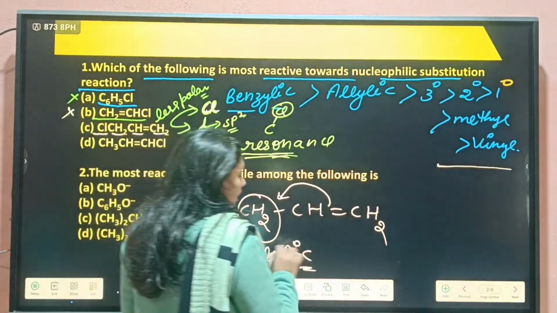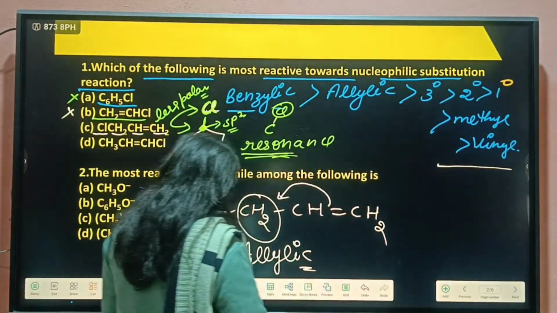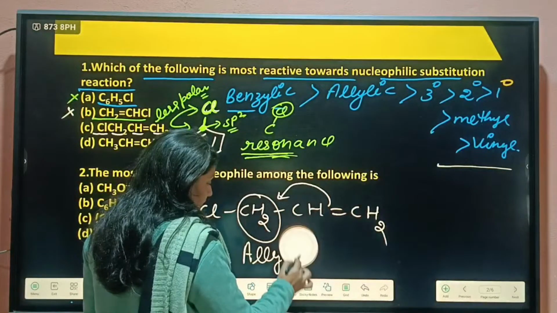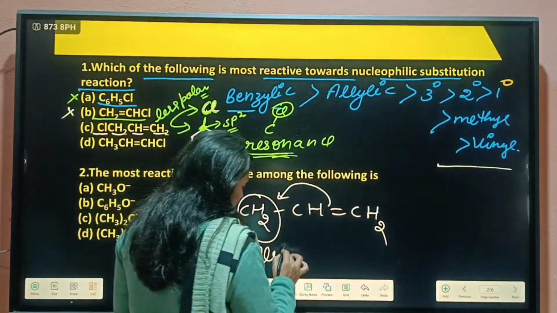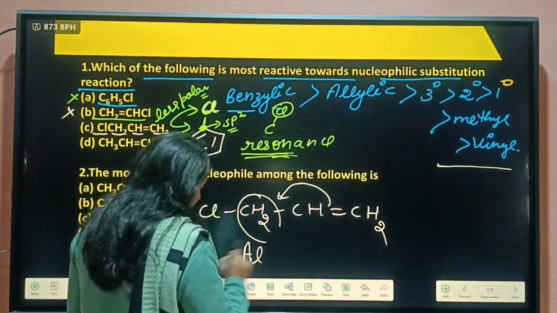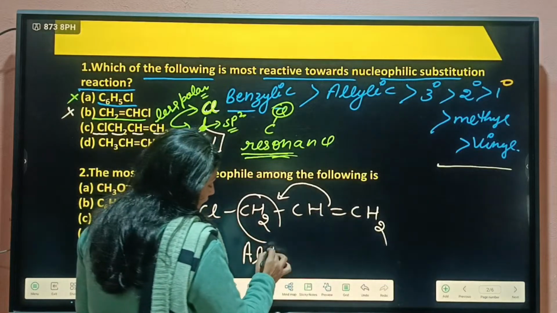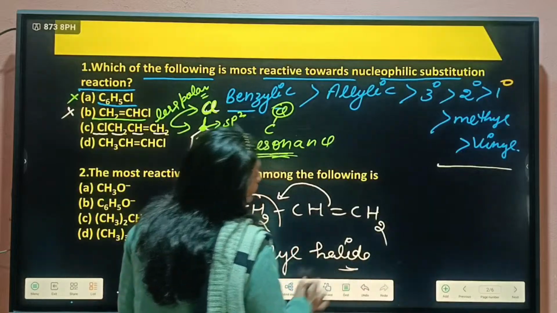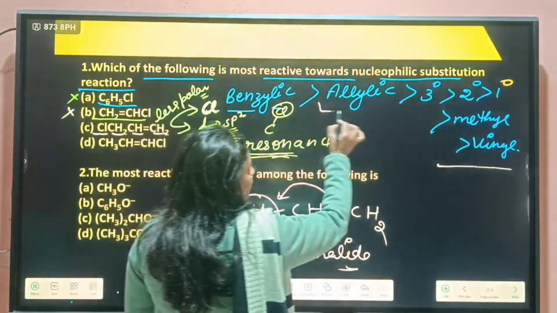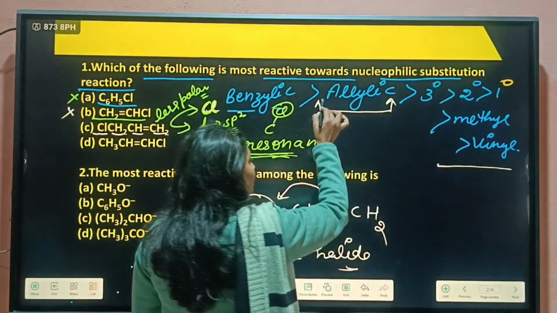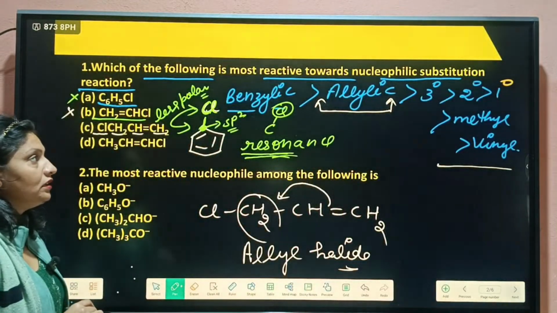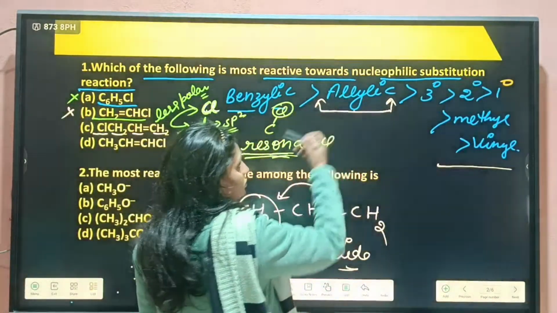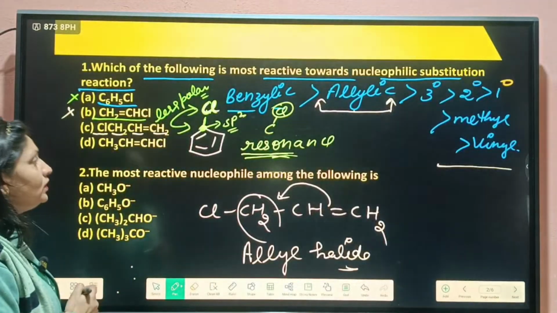So this is the allyl halide. It comes at second position after benzylic. It is most reactive towards nucleophilic substitution reaction.